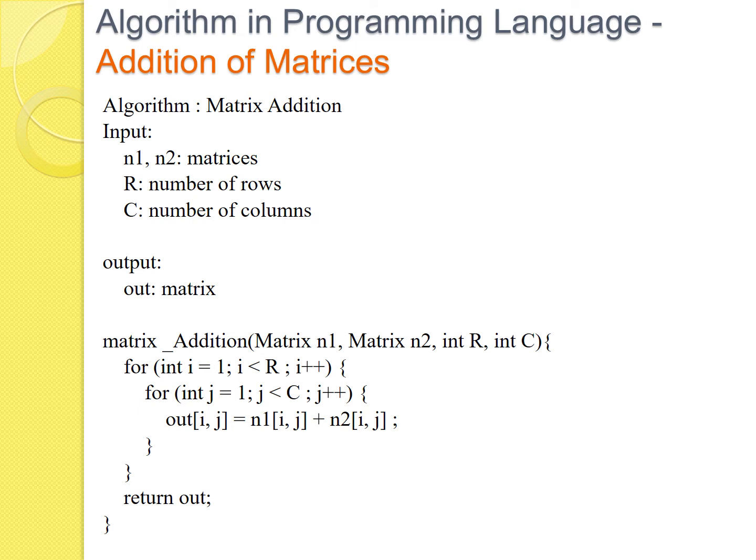It uses two for loops to browse through the rows and columns of n1 and n2 and performs addition of each element in n1 and n2 in their respective rows and columns and stores the result in the matrix out and returns the out matrix from the function matrix addition.